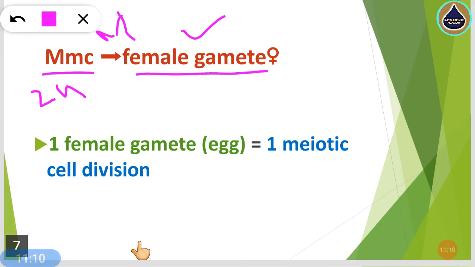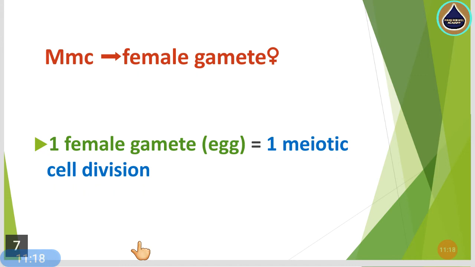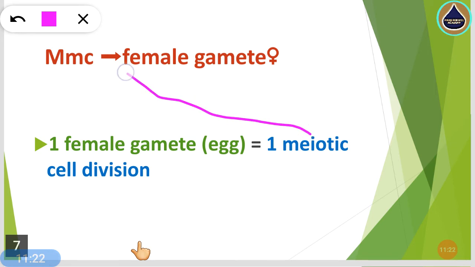The formula is very simple. One female gamete, which is also called an egg, is formed by one meiotic cell division. It means by one meiotic cell division, this megaspore mother cell converts into one female gamete.